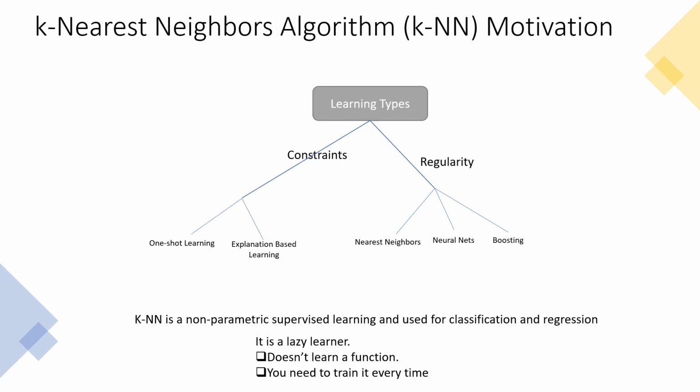Up until now, with the classifiers or regressors we have seen, we created the model and then learned something from that model, and we could save that model for future use. That doesn't happen with KNN. That's a lazy learner. Each time you ask a question, it needs to recalculate everything. So you don't need to train it every time.